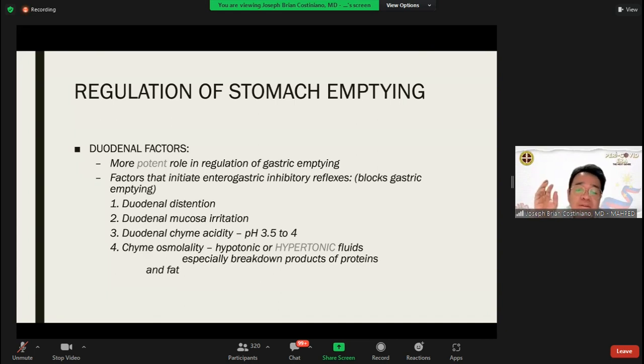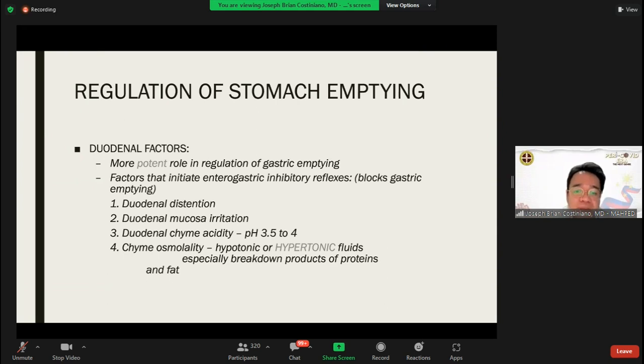And also, if you have mucosal irritation, no? So for example, cholecystitis, pancreatitis, usually there is blockage of gastric emptying, that's why you will have vomiting. And then also duodenal chyme acidity, no? Chyme acidity kasi galing pa yung food from the stomach, going to the duodenum. So ang pH niya mababa pa, 3.5 to 4. So it will block further gastric emptying because it needs time to interact with the pancreatic bicarbonate secretion.